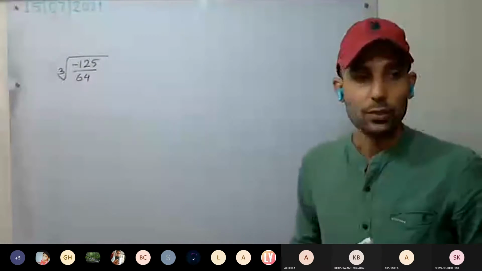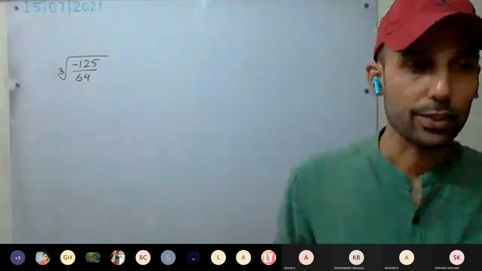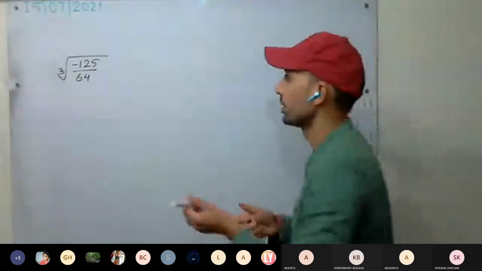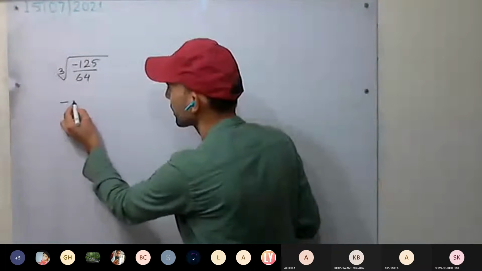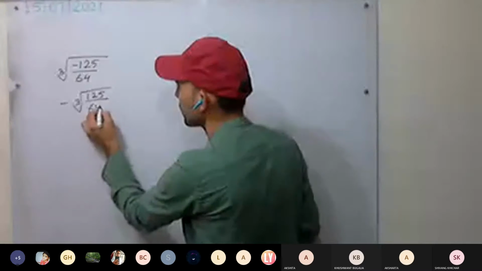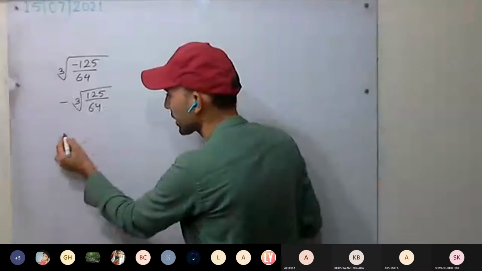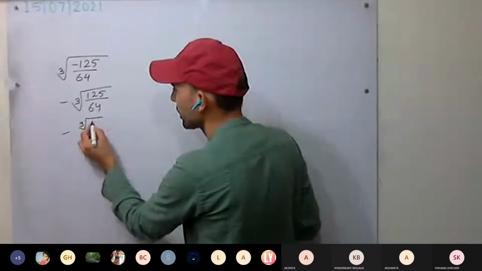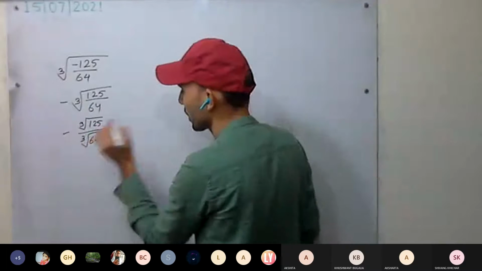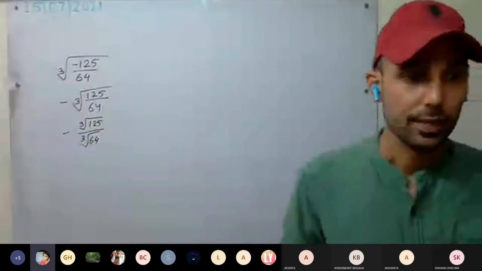So what should we do first with the minus sign? Should we take it out and keep doing it in your notebook? Can we write it like this? Okay. Now you solve.